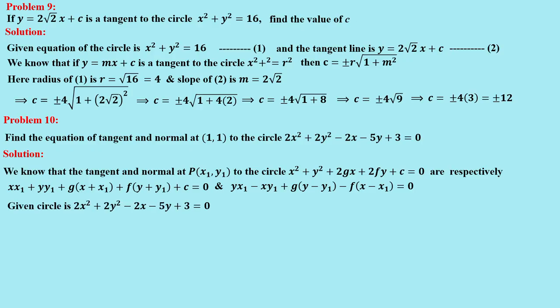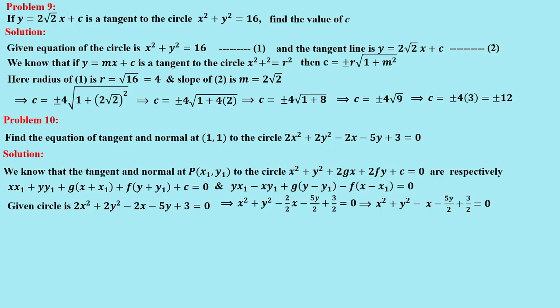Here the given circle is 2x square plus 2y square minus 2x minus 5y plus 3 equal to 0. So write it in the standard form. So divide the equation by 2, right? So you will get x square plus y square minus 2 by 2 x minus 5 by 2 y plus 3 by 2, which is equal to 0.